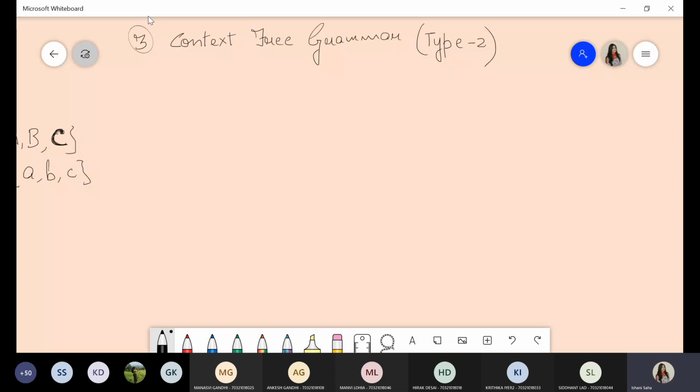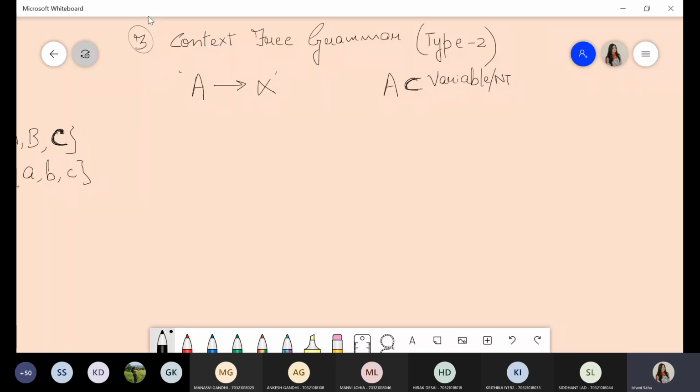Now write down the only allowed type of production is A tends to alpha. Capital A generates alpha, where A is a non-terminal variable.